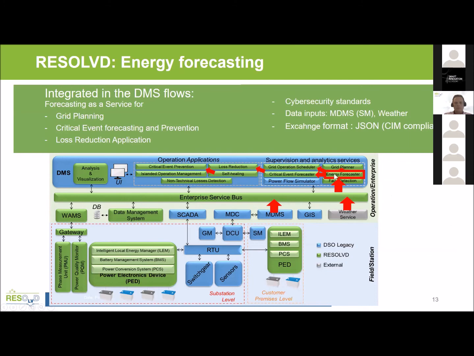Then this is the one that calls the forecasting services and integrates into the whole distribution flow. So we can use this data for the detection of critical events. We can use the forecasting for better scheduling of the assets in the grid, or for improving strategies for loss reductions or the prevention of critical events.